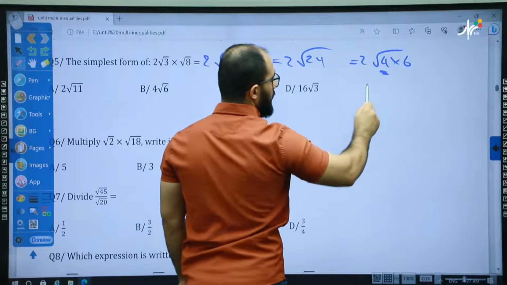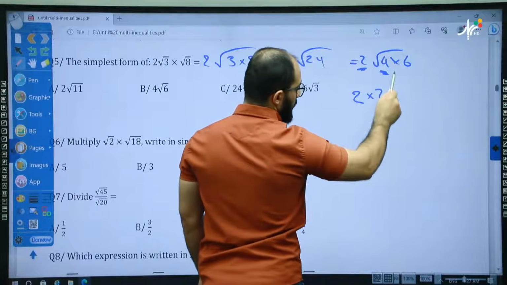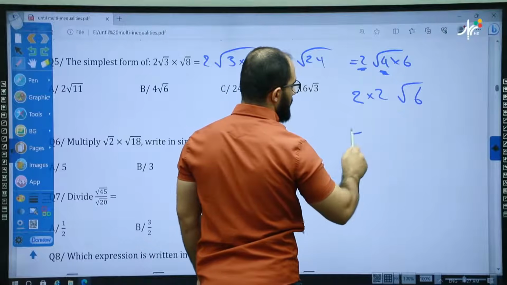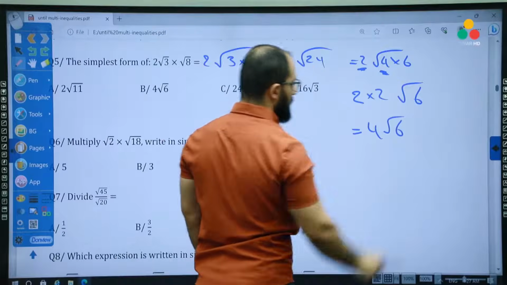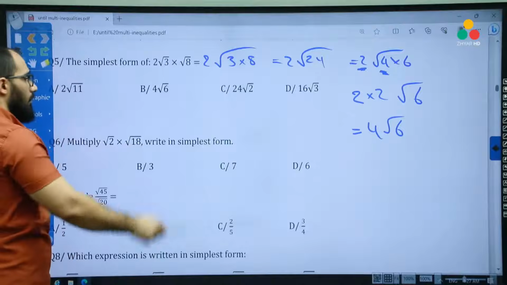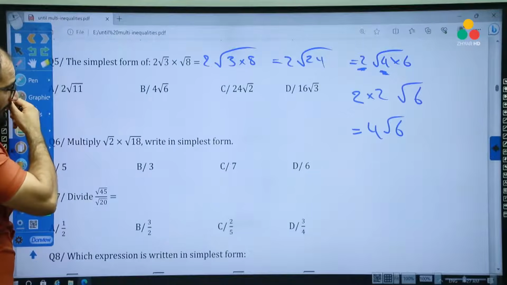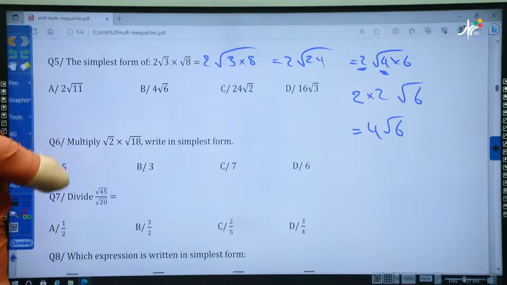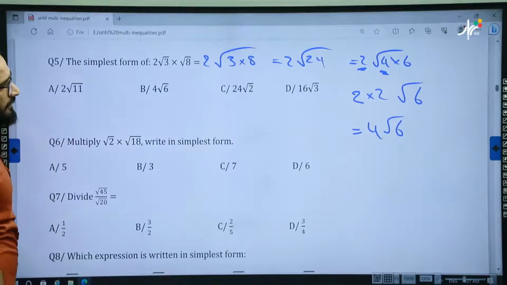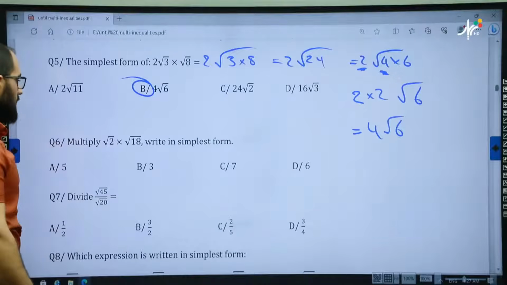The square root of 9 is 3, and square root of 6. Then it's going to be 6 square root of 6. This is the result. So the correct answer is B.